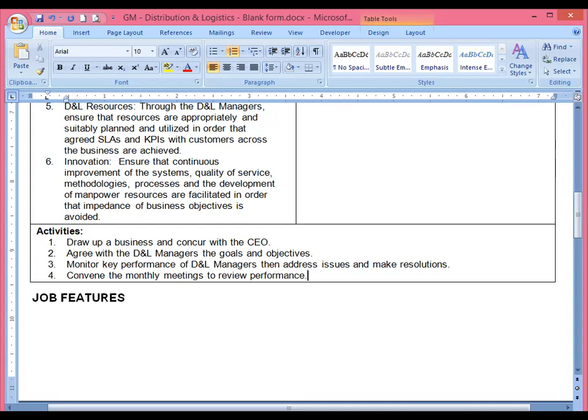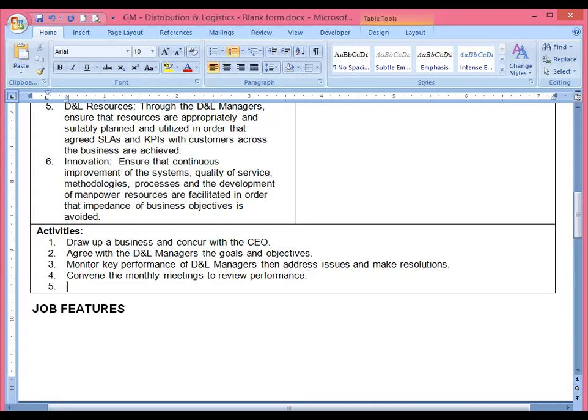What is happening in the meeting, which the general manager is presiding, is to review all the KPIs and the progress of the action plan with the DNL managers, and make corrective actions if there are things that need to be addressed. So that is his job, the general manager.